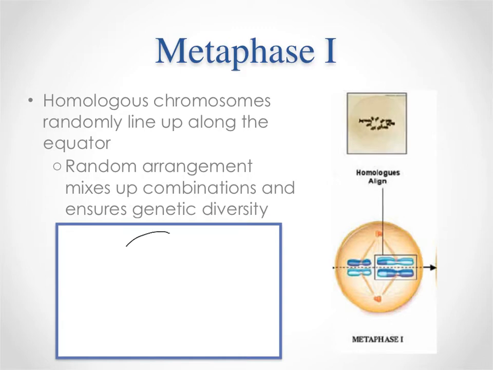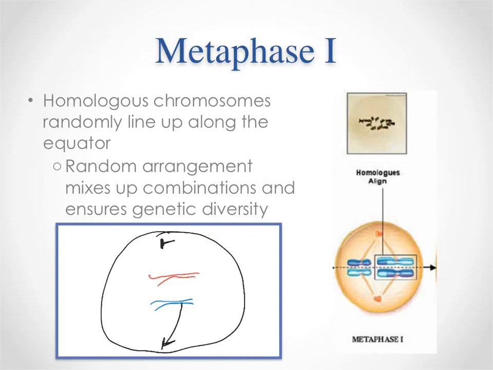So here's our cell, and we have our chromosomes, homologous chromosomes, lined up on the equator. These guys. And there we go. Metaphase 1.